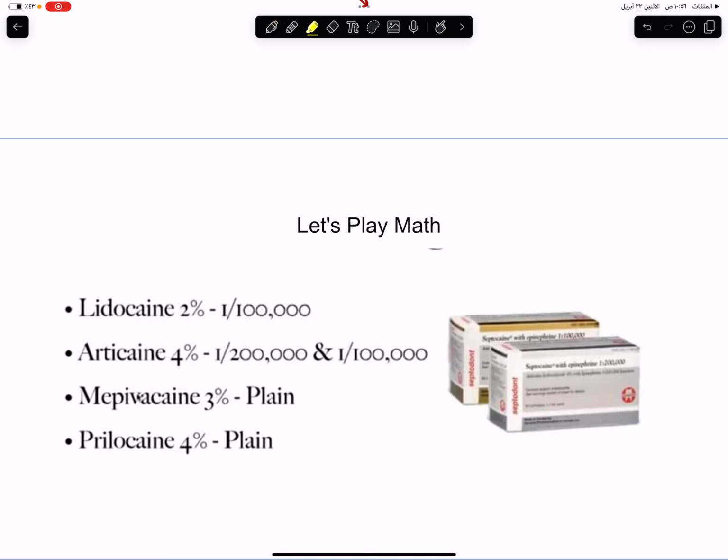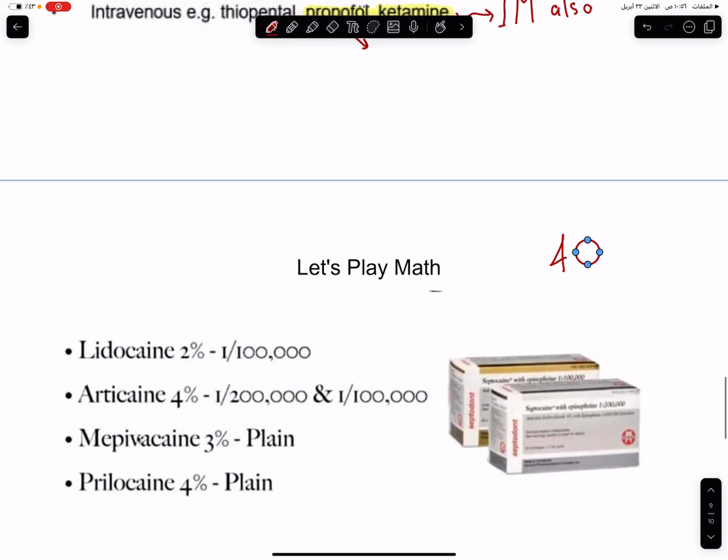Similarly, 4% means 40 milligram in 1 mil. For example, if it is 0.4%, then how much will it be? 4 milligram. Very good. If it is 0.1%, 1 milligram. If it is 0.5, 5 milligram.